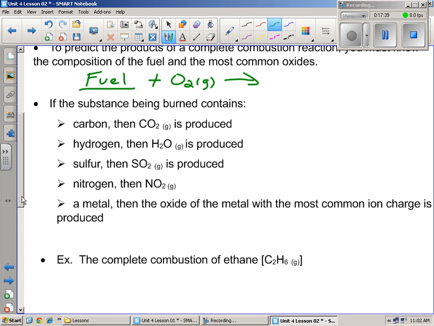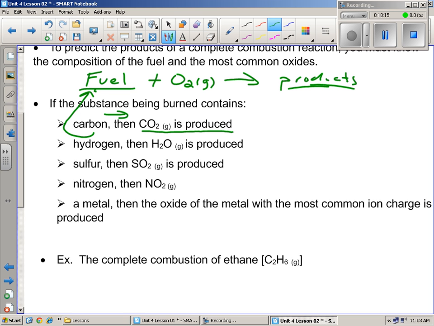Now, here's the deal. You're going to get some products over here, of course, and then we'll show you some examples. I think it'll be okay, but there's a lot of stuff to remember here. If the fuel has carbon in it, you will get carbon dioxide produced.